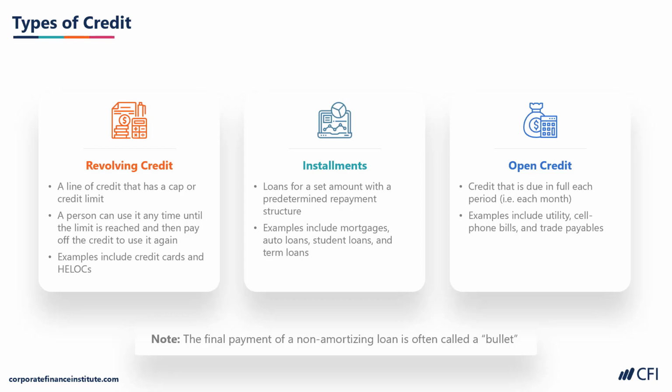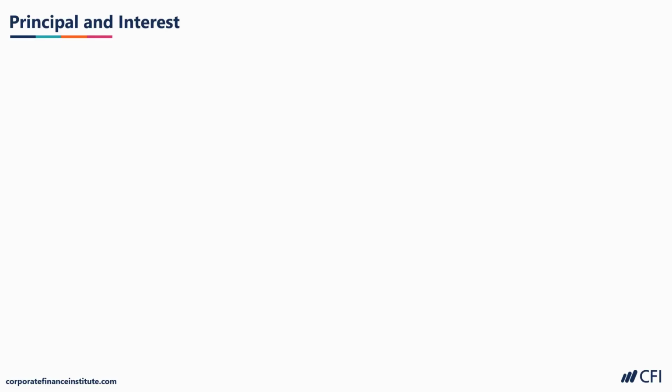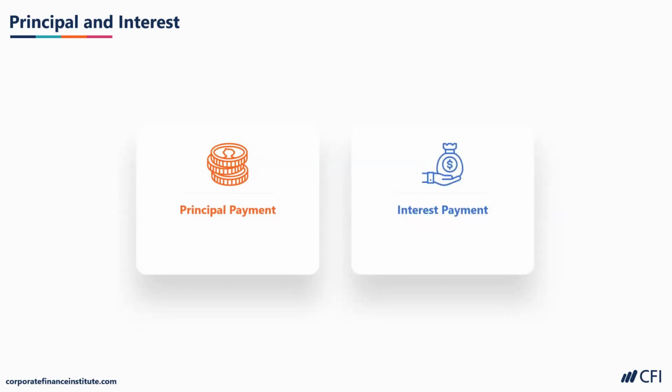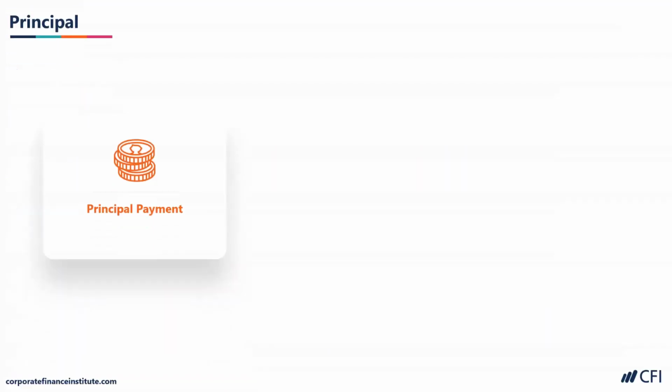Loan payments consist of two parts, principal and interest. Principal is the value of the loan that's being lent out and must be repaid in full. Interest is the additional charge on top of the principal amount that's paid as compensation for making the loan.